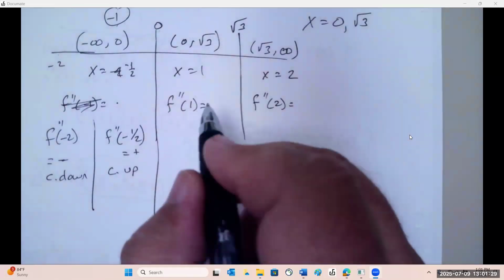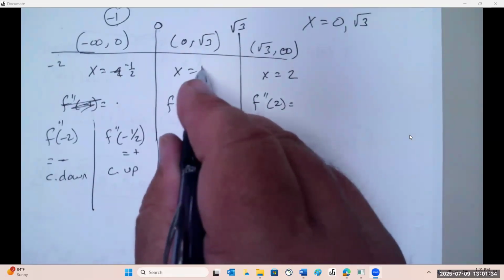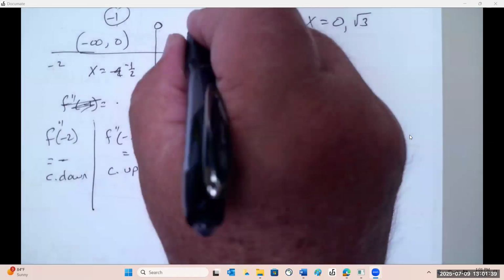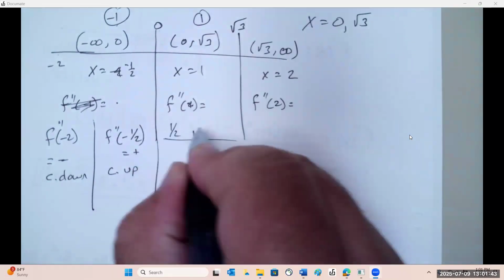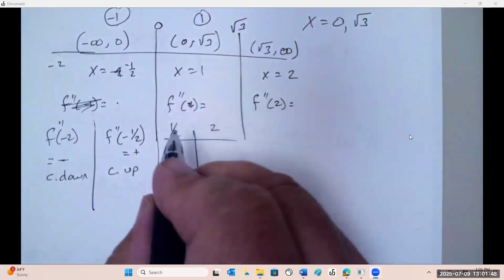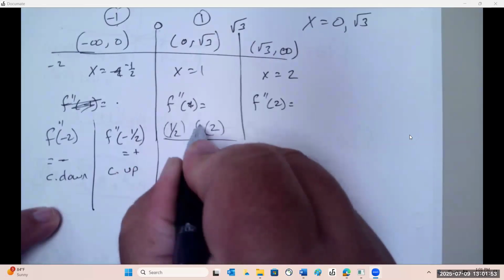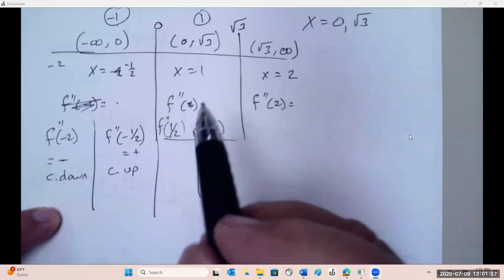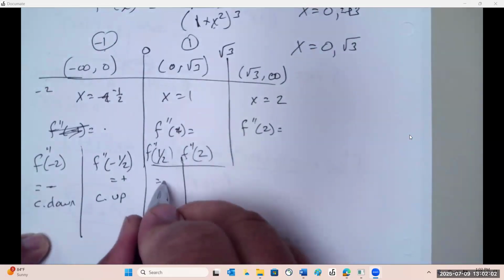At 1, I can't use 1 because it's also a vertex. So I've got to cut that in half, so at positive 1/2 and at positive 2. At positive 1/2, that's positive, that's negative, so this is going to be negative.